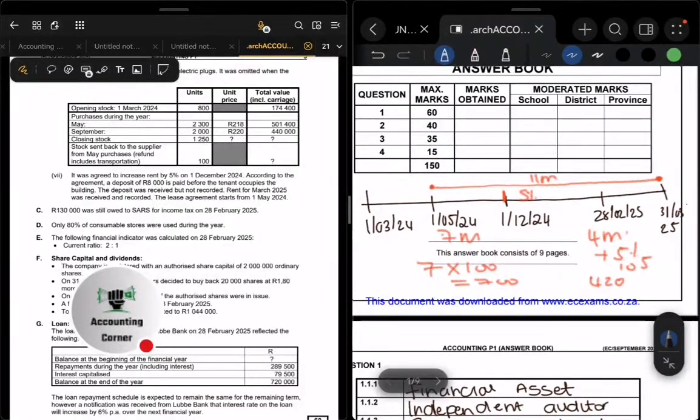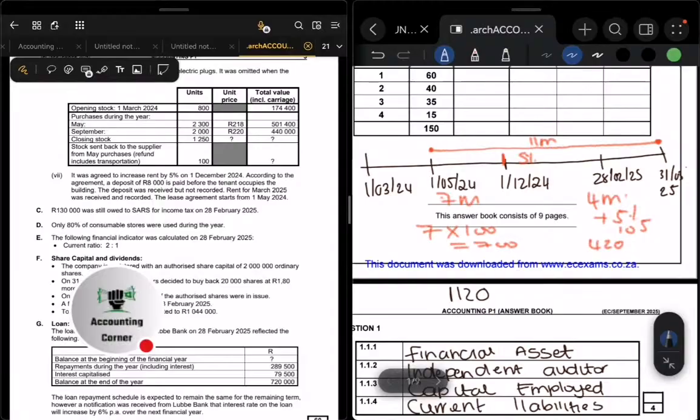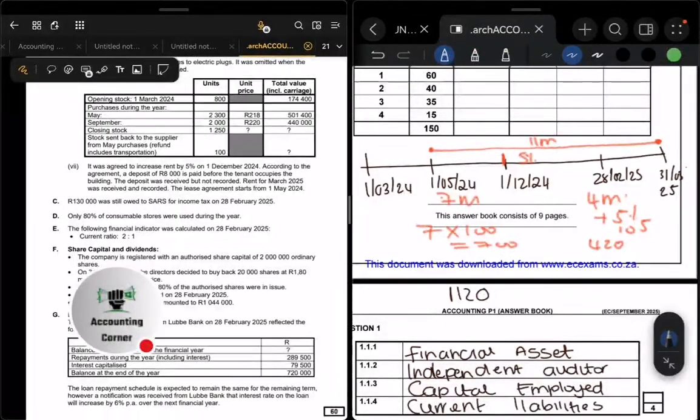Which in total is 1,120% in a way. Okay, so that's 1,120%.